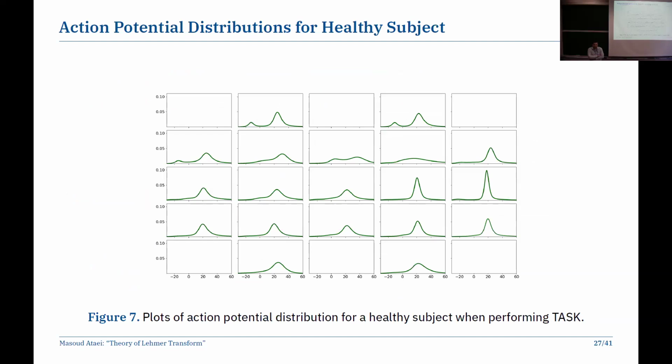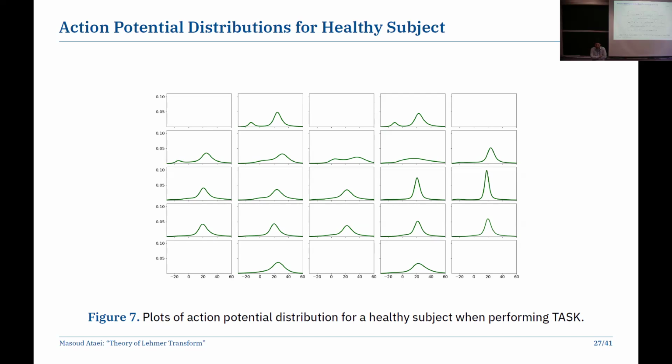If I can make a comment, you basically have the original EEG, which is a time series. Then we implement the Lehmer transform, and once we deal with the transform, we introduce a certain artificial probability distribution for it.